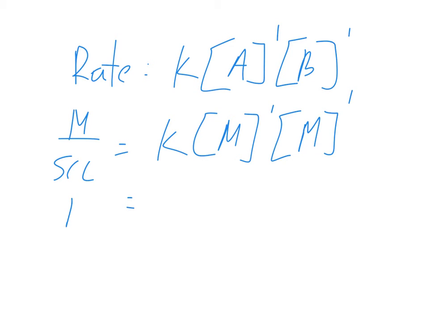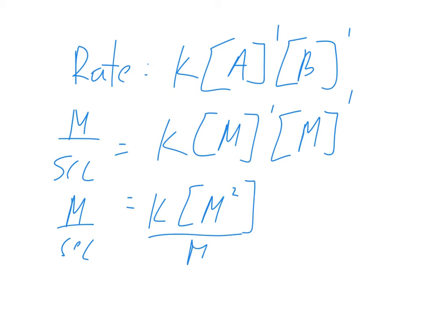So therefore we have molarity per second is equal to k times molarity squared. Dividing both sides by molarity squared, you can eventually come up with the units for the rate constant, where k is equal to 1 over molarity seconds.